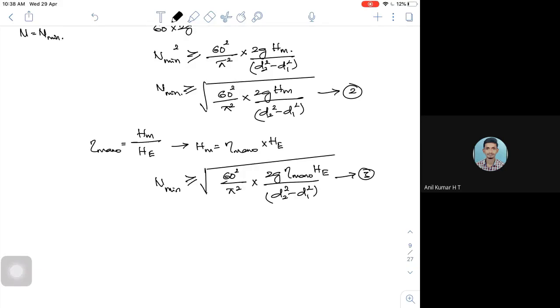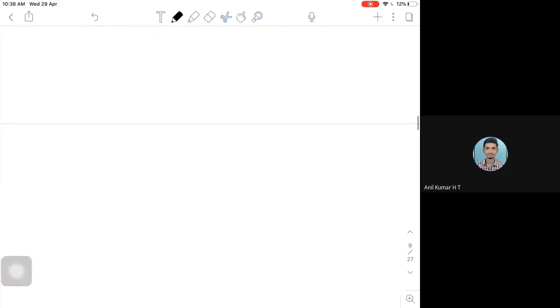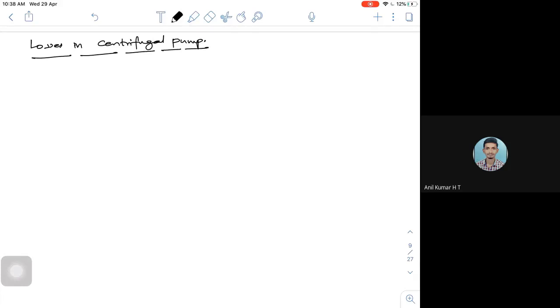So usually, when we are looking at the centrifugal pump, we have to look at the losses in the centrifugal pump. What are the losses associated with the centrifugal pump? There are various losses, but we try to look at the major three losses.